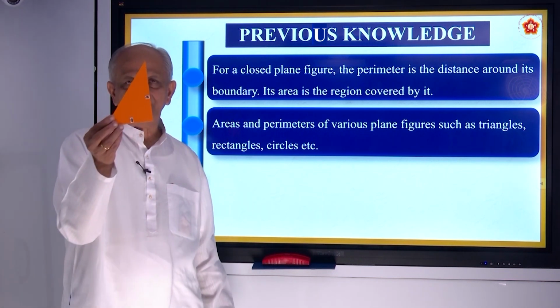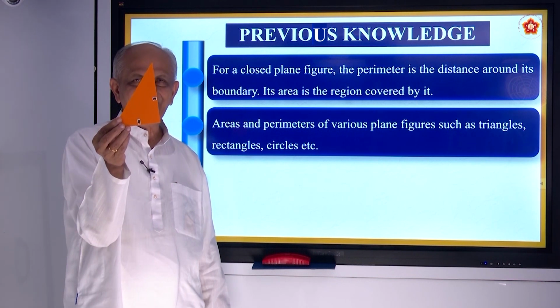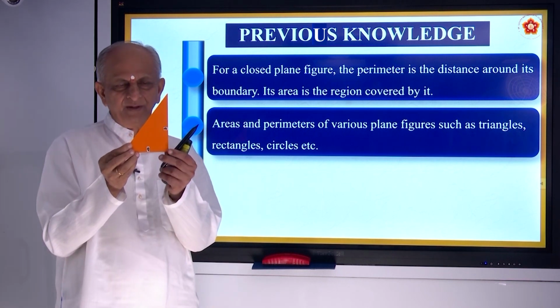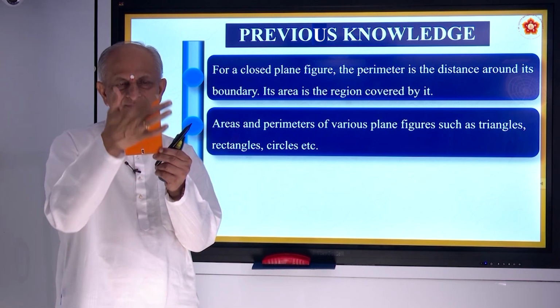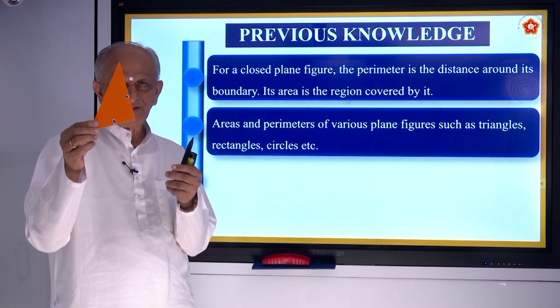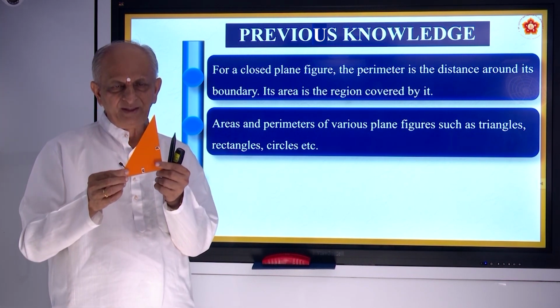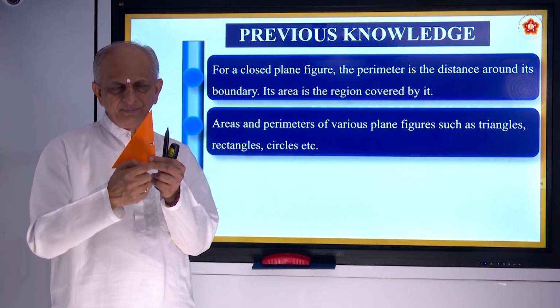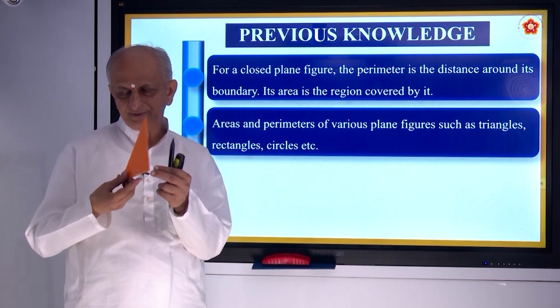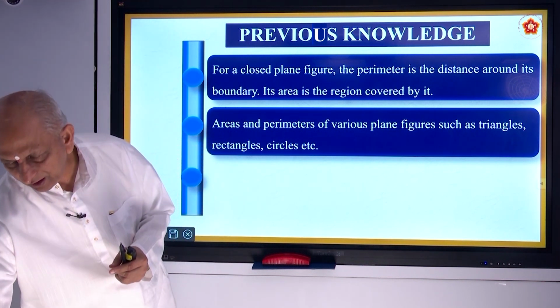So this is a triangle, correct? What is the area of a triangle? Half into base into height. This is height, this is base. And its perimeter will be A plus B plus C, the sum of the 3 sides. That is in the case of a triangle.